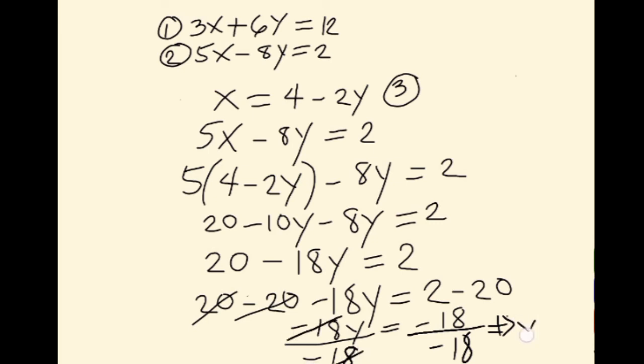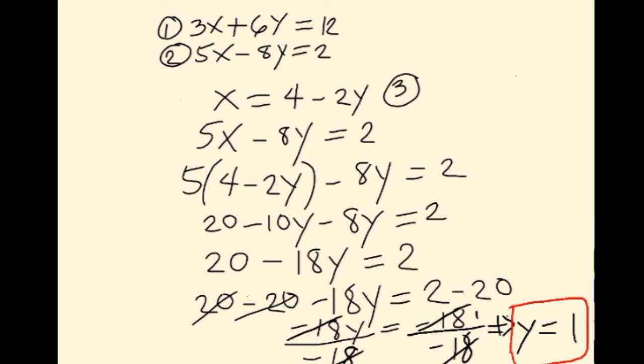Negative 18 divided by negative 18 is 1. So y will be equal to 1. We now have a constant, or specific, value for y, which is 1. This is the value of our y. So we have already solved for y.